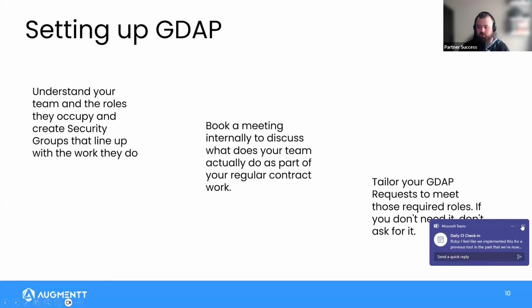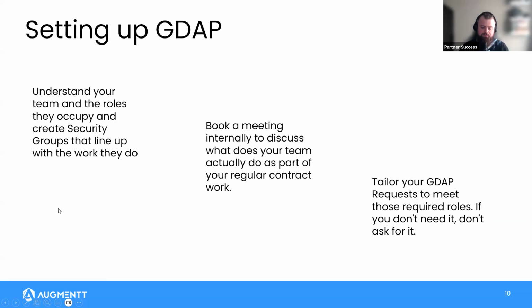Talking about when you're going to set up your GDAP, the big one is understanding what you as a business and your contracts are with your customers and how they line up with how your business operates. So understanding where your team fits.